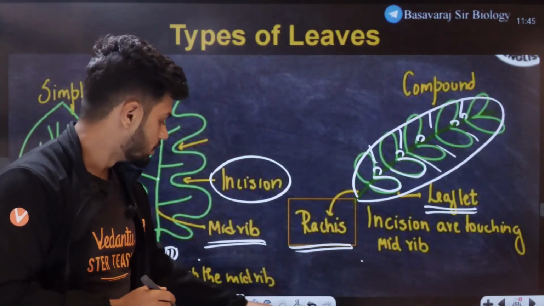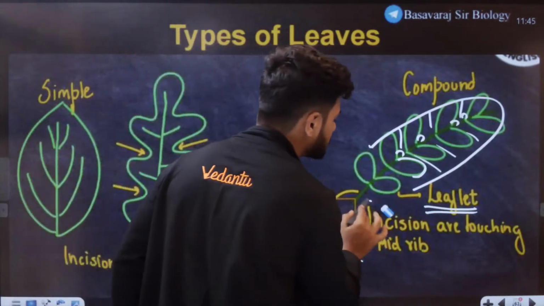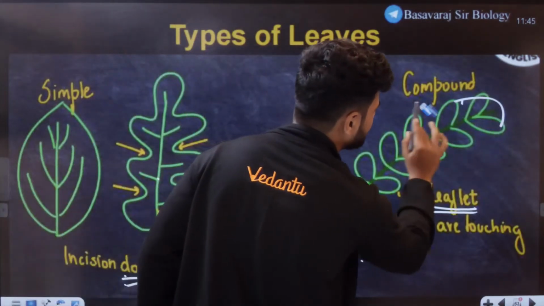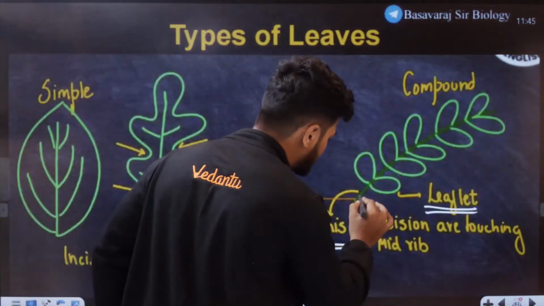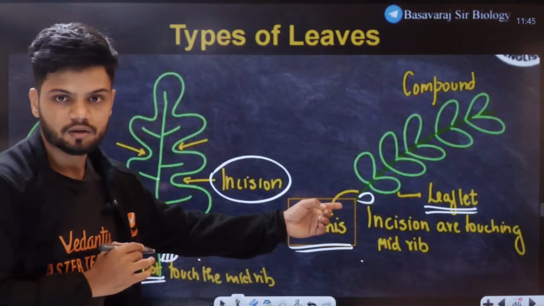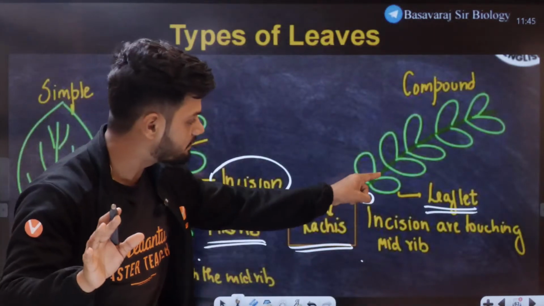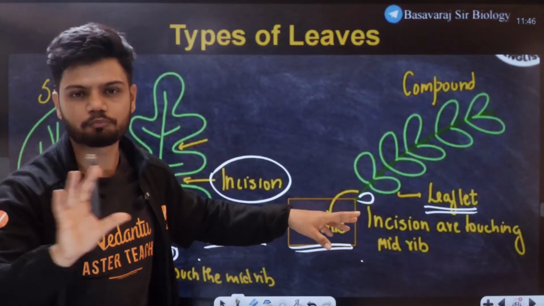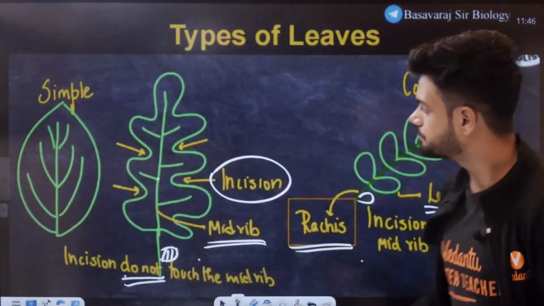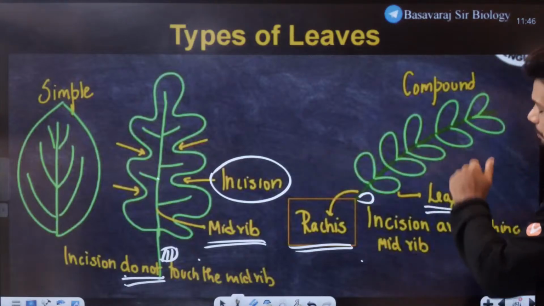The answer is no. You will never find an axillary bud at the leaf base here. You might find an axillary bud at the base here, but you will not find an axillary bud at every single leaflet base. Not possible. Simple leaf and compound leaf.